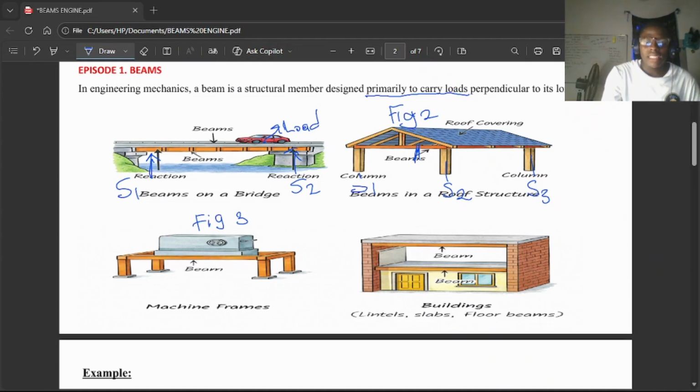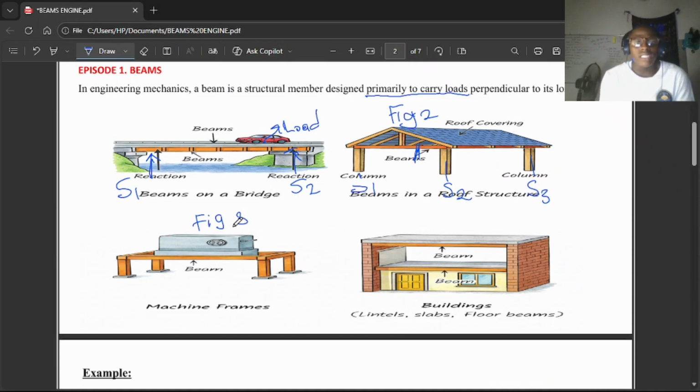Now since you are seeing your beam, the next thing you should consider is, okay, what is now holding this beam? So basically we are having one, S1, support 1. Another one, S2, support 2. Another one, S3, support 3. And the last one, S4, support 4.